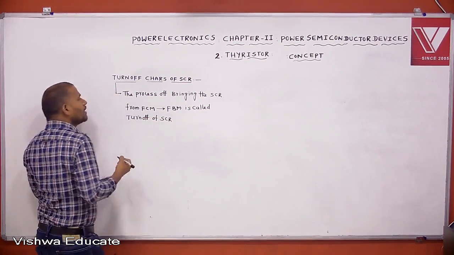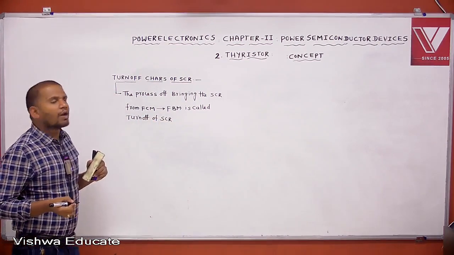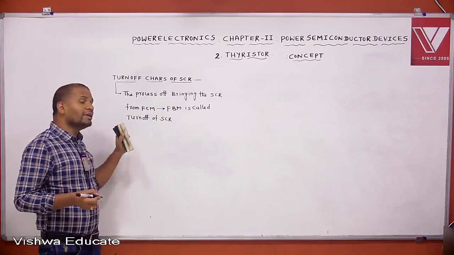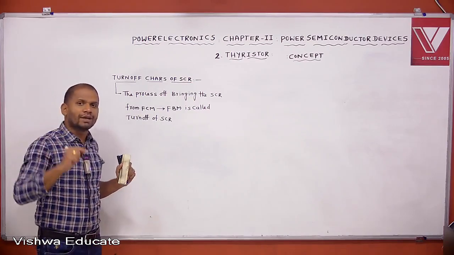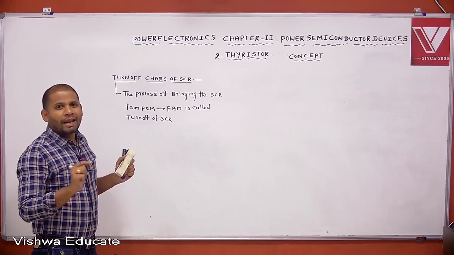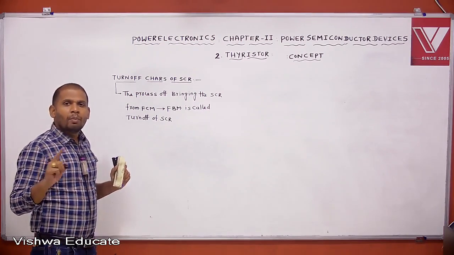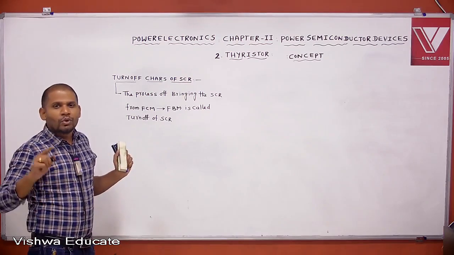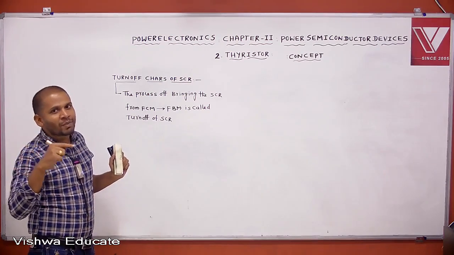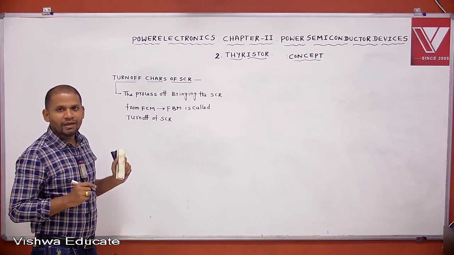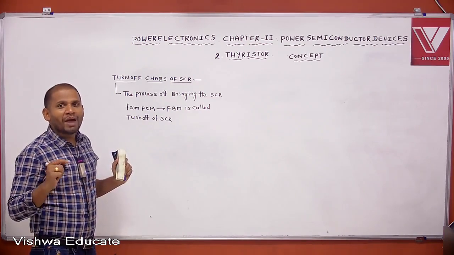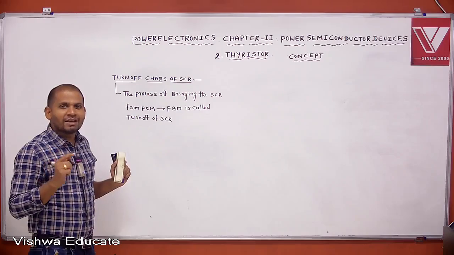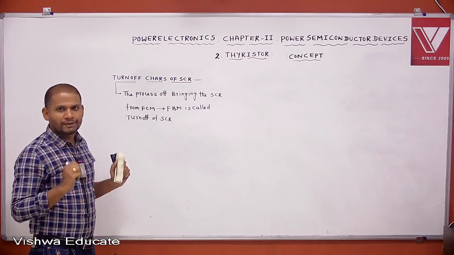The process of bringing the SCR from the forward conduction mode to forward blocking mode. It's not reverse blocking mode. Concentrate. On and off means blocking mode to conduction mode or conduction mode to blocking mode. We don't have any operation under reverse blocking mode. That's why under forward bias condition, the thyristor has two stable states.